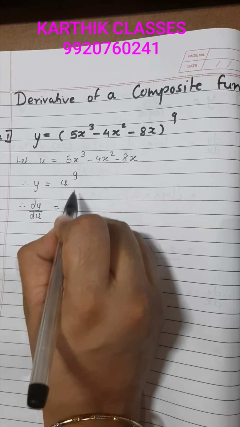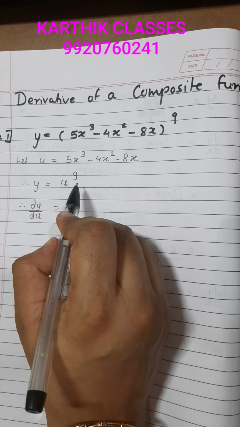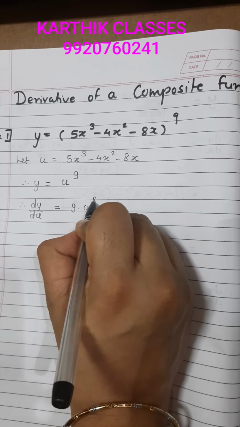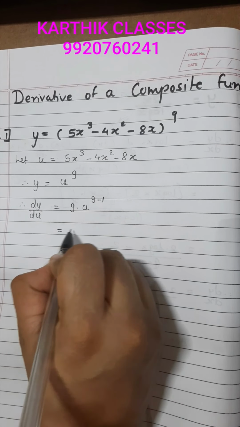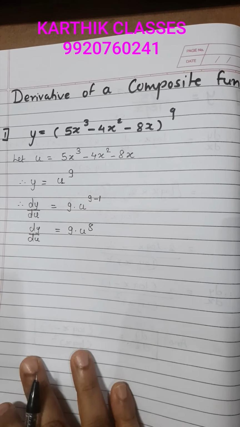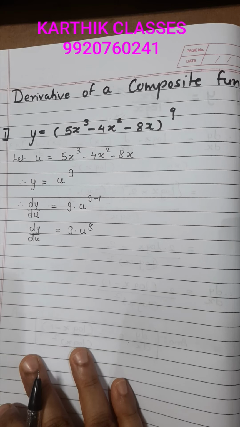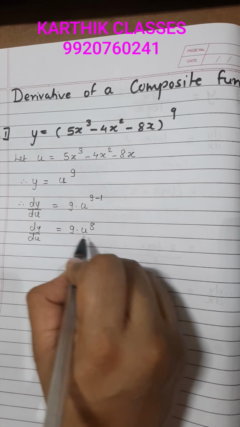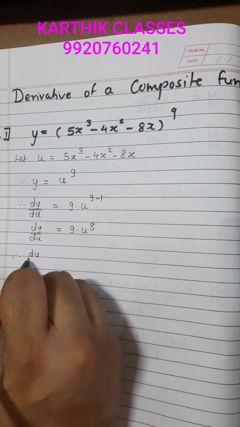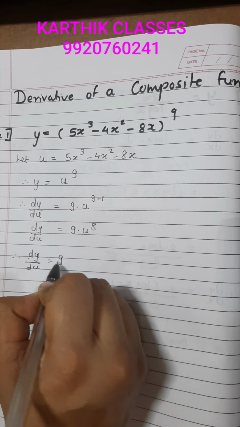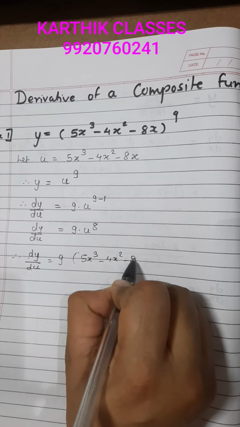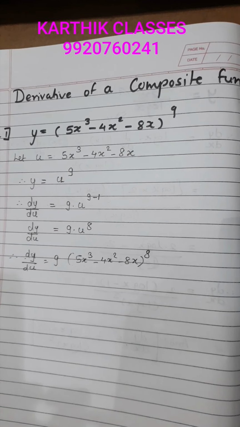Applying the x raised to n formula, n comes down and u is raised to n minus 1, so I get 9 into u raised to 8. So dy by du is 9 into u raised to 8. Substituting the value of u from here, I get dy by du as 9 into (5x cube minus 4x square minus 8x) raised to 8.